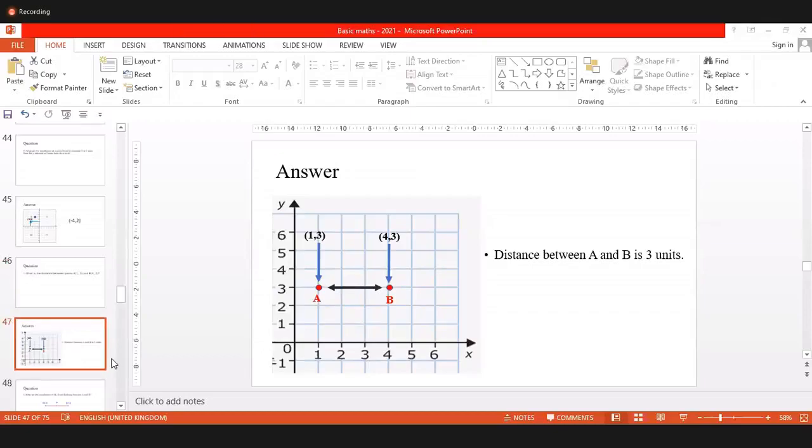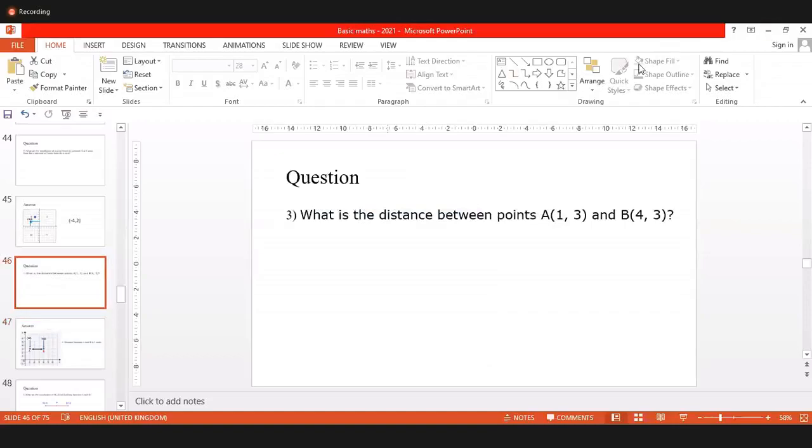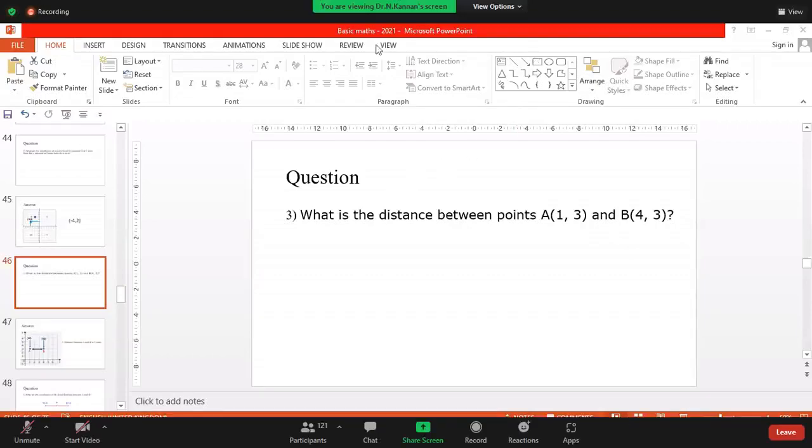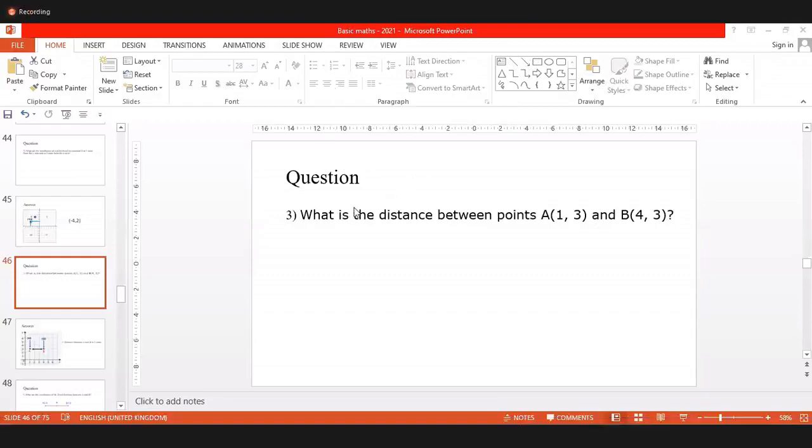Yes, Piruti, your answer is correct. Prithvi, can you please explain the way you calculated this one?